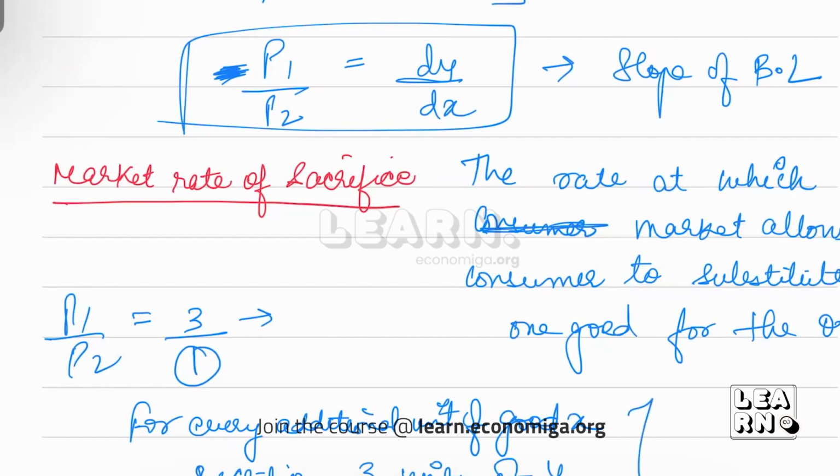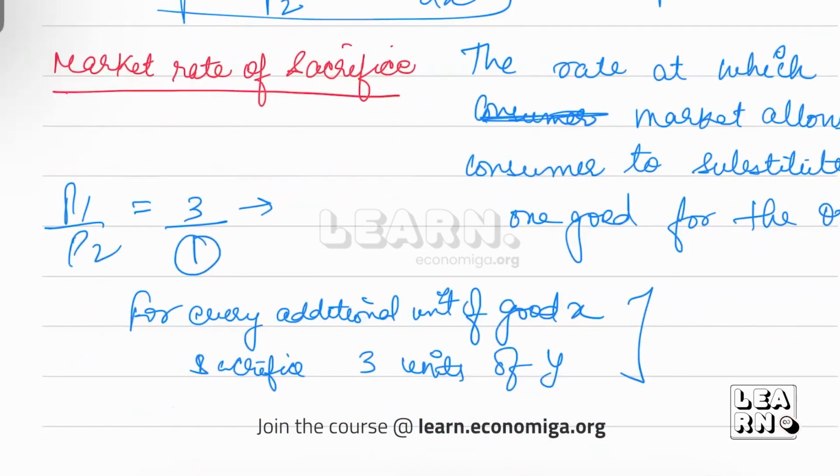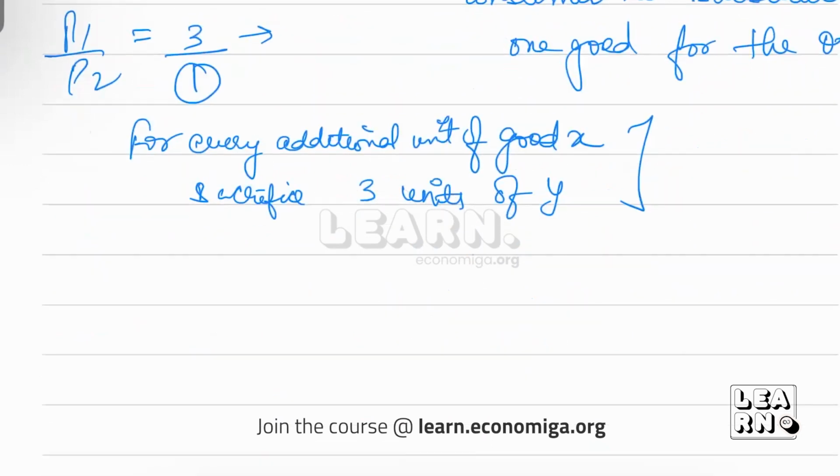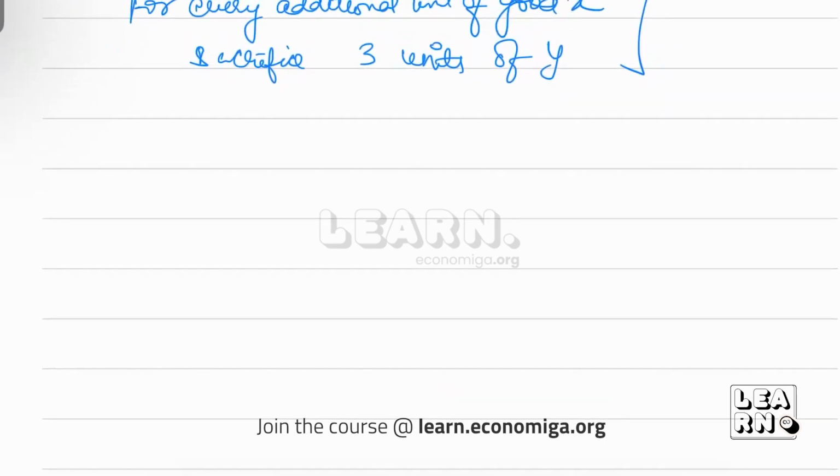And the market is giving this rate based on the prices. That's simple, right? The market has only one piece of information, which is the prices. So this is the market rate of sacrifice. So this is the concept of the budget line. Now, let's look at the comparative statics of the budget line.